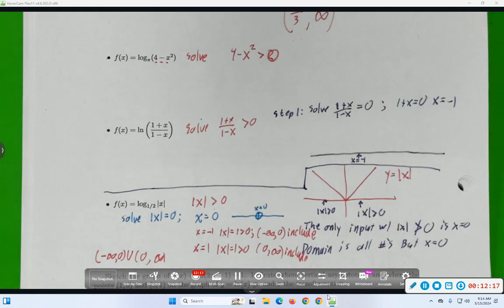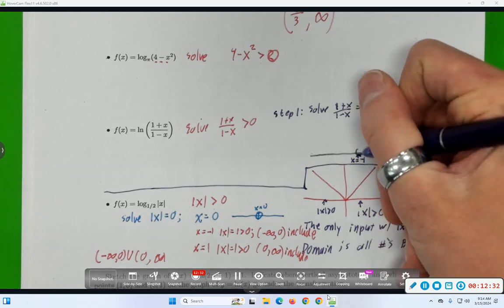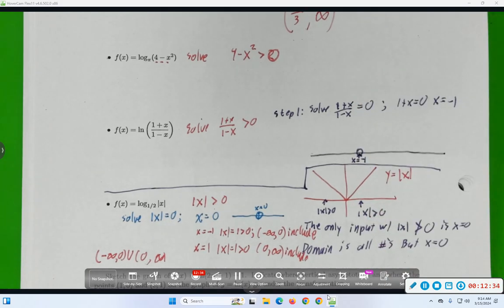And let's decide whether that endpoint will be included or excluded in advance. So that corresponds to when the thing is equal to 0. Will I include or exclude that? Exclude, strict inequality. So I'll draw an open circle there just to tell me that it should be excluded already.